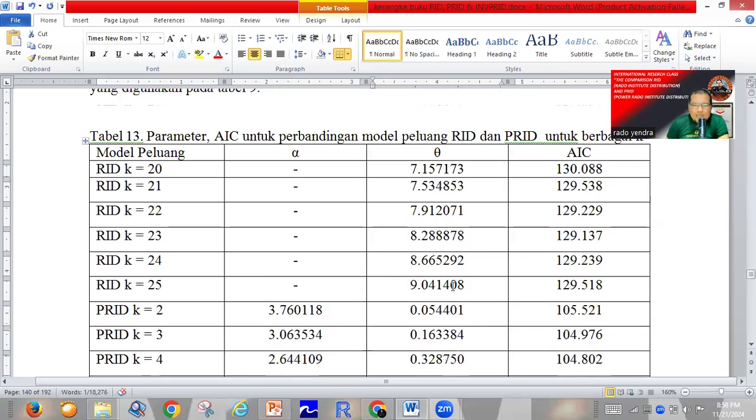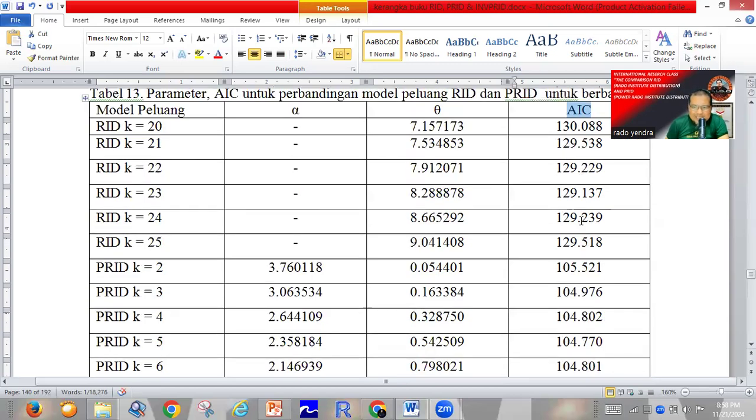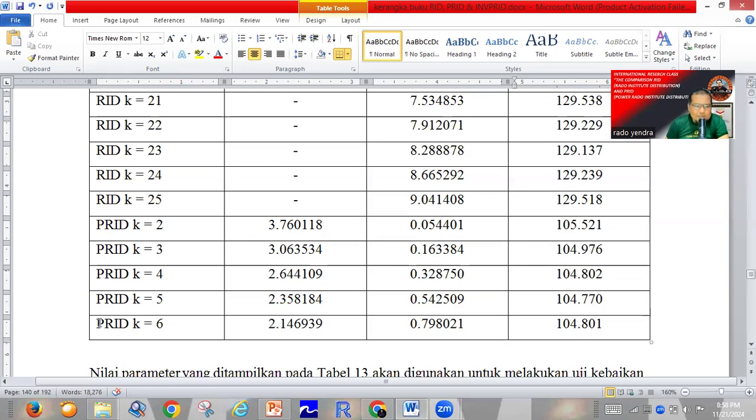After estimating the parameters, we use the AIC value to compare the models and find which one is the best. We can check that there is a significant difference in the AIC values between the RID and the PRID.